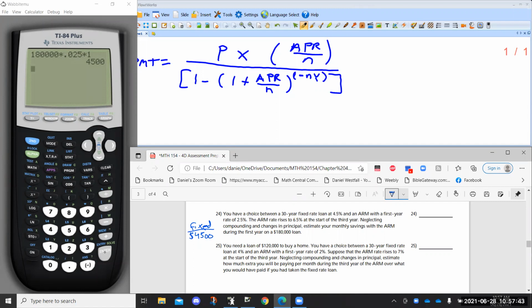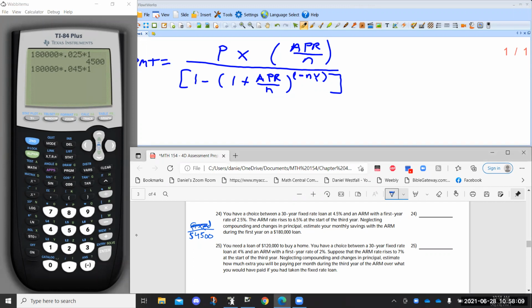So what are you going to do? You're going to calculate this 2.5% instead. Sorry, 4.5% was with the fixed rate.